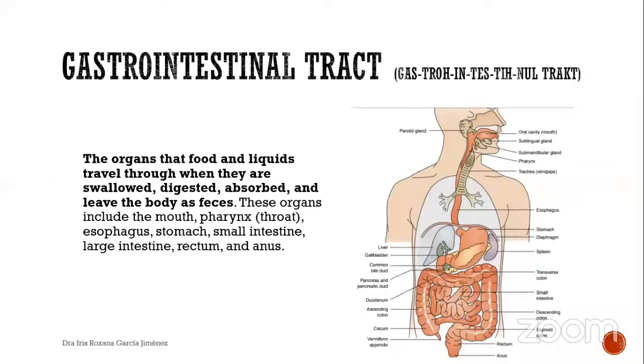These organs include the mouth, pharynx, throat, esophagus, stomach, small intestine, large intestine, rectum, and anus. This is the first anatomical review. Please check on this, practice, and well, we must memorize. It's important. There is no other way of catching the ideas, the vocabulary.